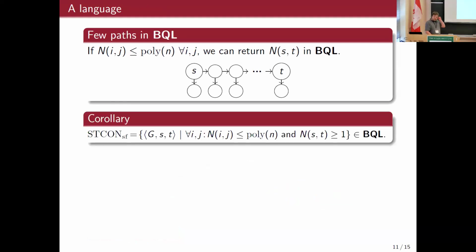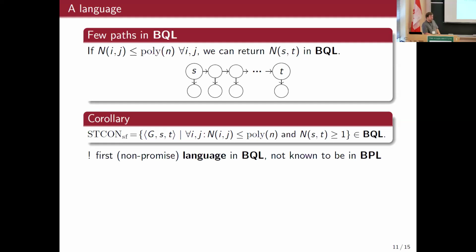Okay, let me also mention, I don't want to get into the proof, but it's actually a relatively easy corollary that we can also verify if a graph satisfies this promise, whether the path count is bounded polynomially between any two vertices. So in fact, we get a language containment in quantum log space.